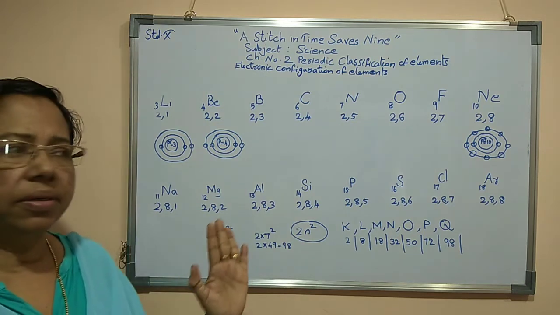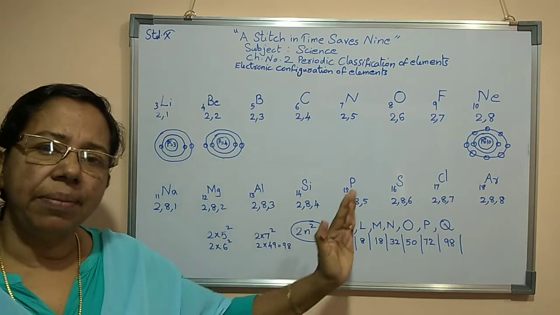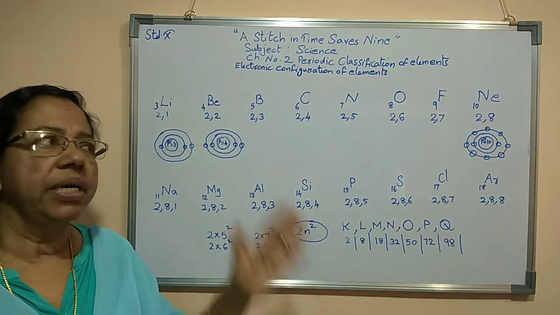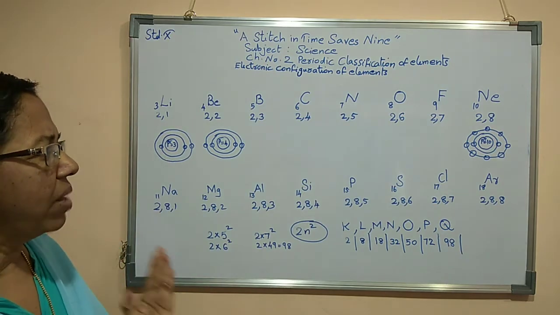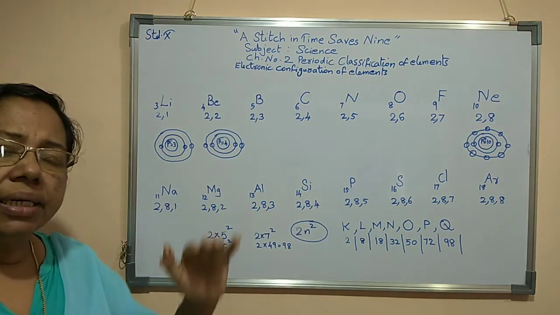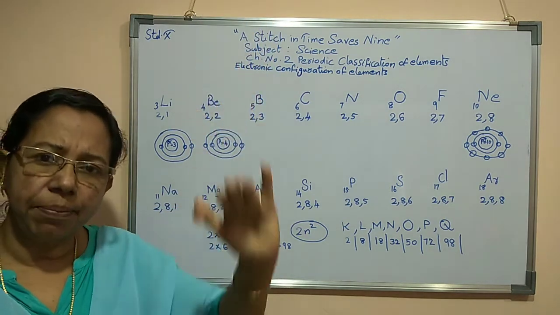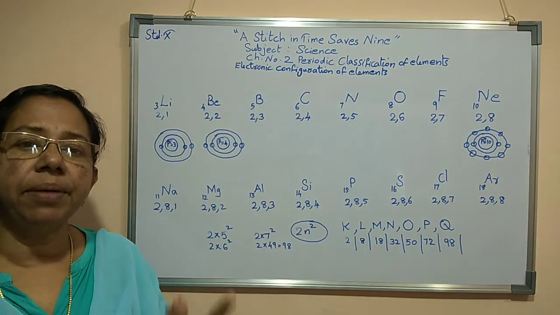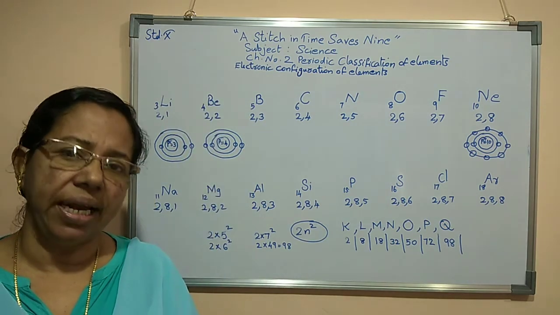I think you are clear with the electronic configuration of all the elements which are in the group as well as which are in the period. Now, one more thing I am telling you. In the group, when we go from top to bottom, the number of orbits will increase. At the same time, their outermost orbit will have the same number of electrons.